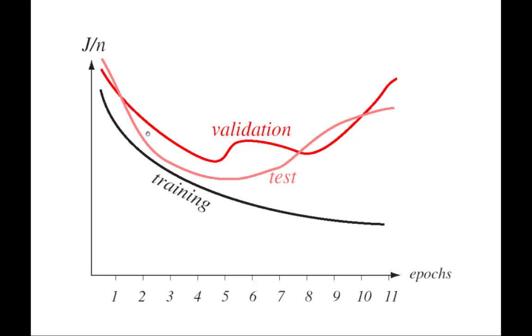Then you observe the test error on some data you don't use for training. At some point, you see that the performance becomes worse. If you then go back, in this case to epoch number 5, and take the weights which were active at that instant, then you're not overfitting.